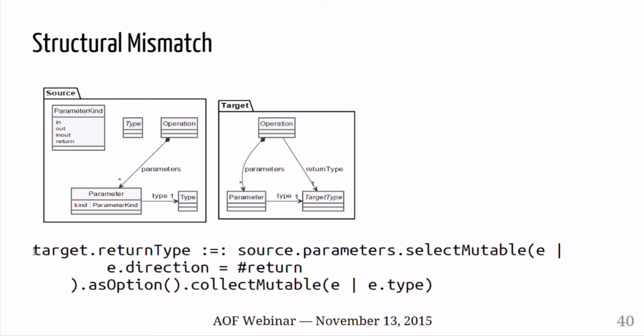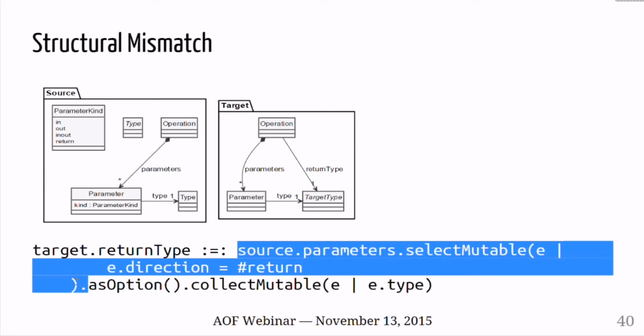Of course this is in pseudocode, so all this box creation is abstracted away for simplicity. So you get to bind the return type of the target to the source parameters that satisfy this predicate, so the direction has to be return.